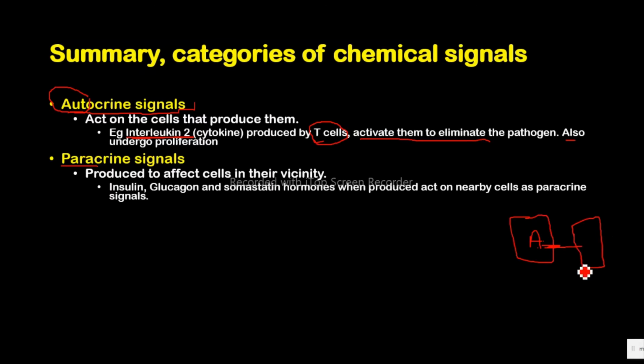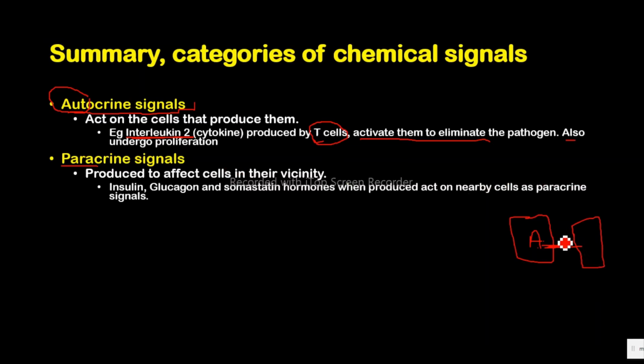So this cell will destruct itself and die. Because it has been produced by this cell and it is having an impact on this neighboring cell, we shall call that one a paracrine signal: produced by a cell, but it affects cells within that vicinity, that locality.